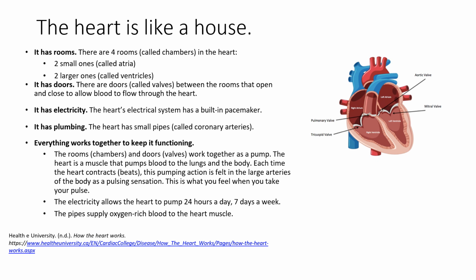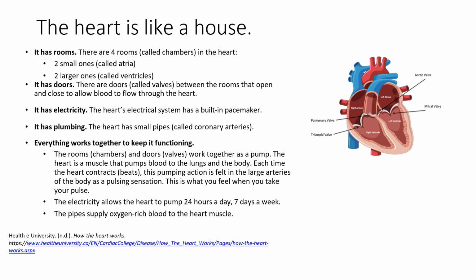As you can see on your screen, there is a photo there, and you can see that there are 2 small chambers at the top, and these are called atria. And so there is a right atrium and a left atrium. There are also 2 larger chambers on the bottom. These are called ventricles. So there's a right ventricle and a left ventricle.